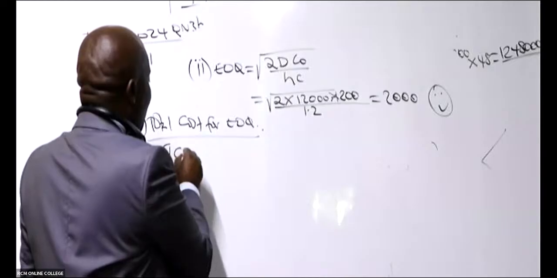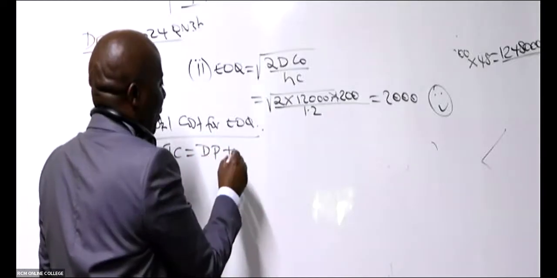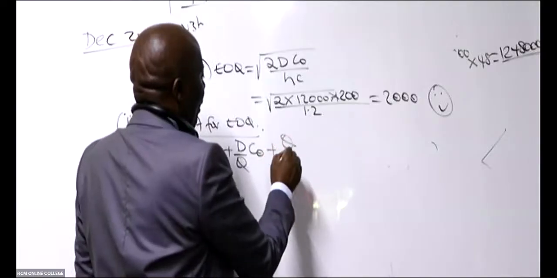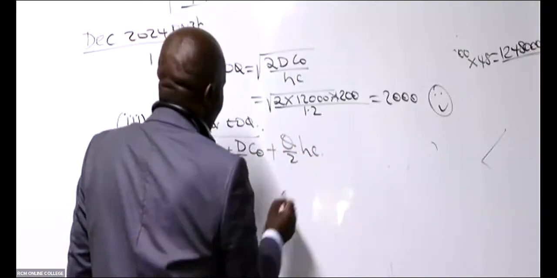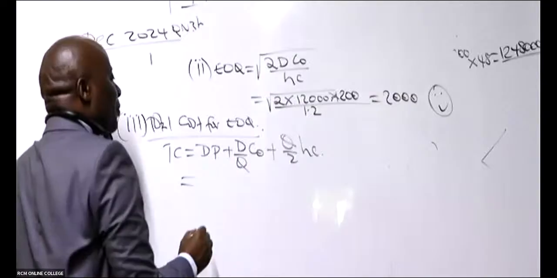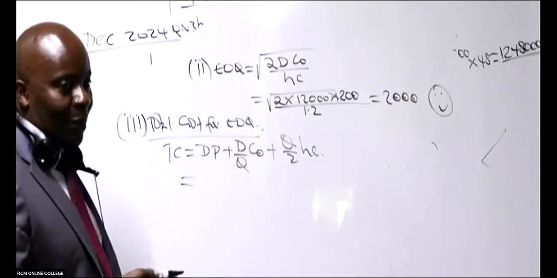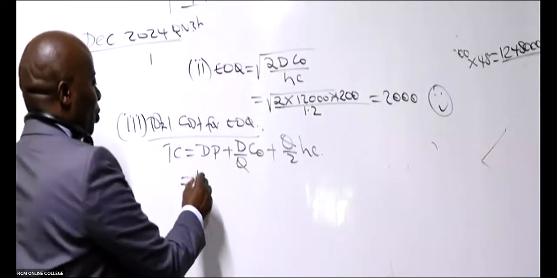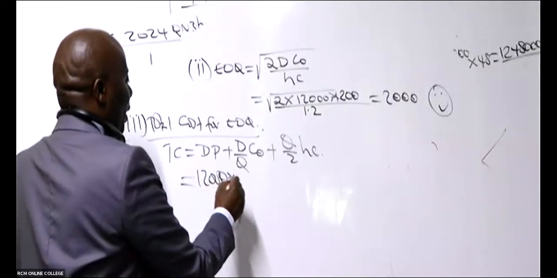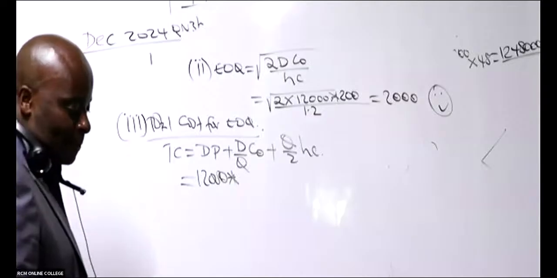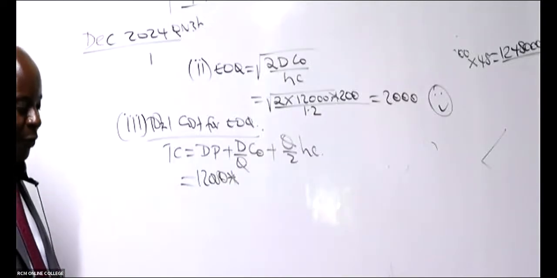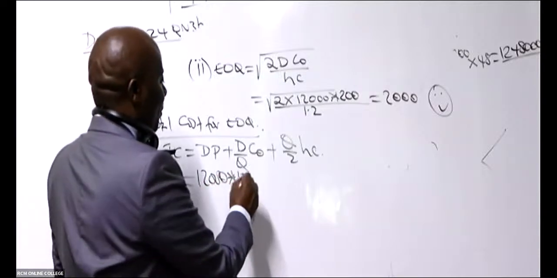So this TC will be equal to DP plus D over Q times CO plus Q over 2 times HC. The annual demand is 12,000. The price per unit, you had given me a figure: 15 per unit.